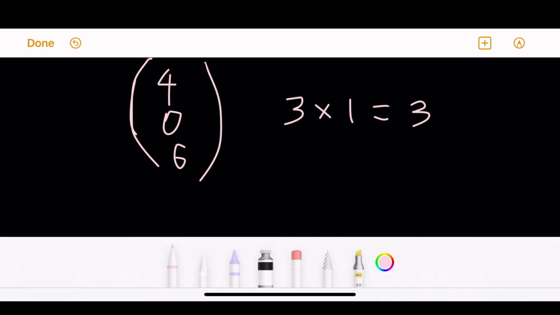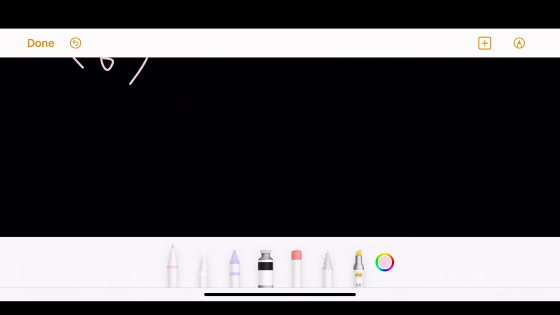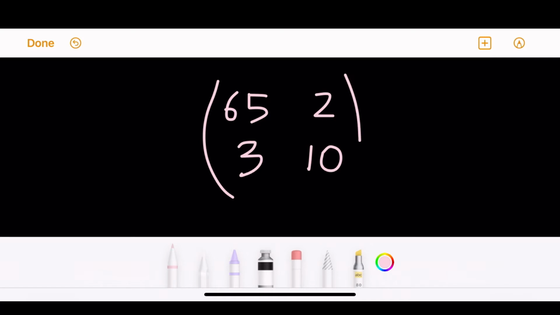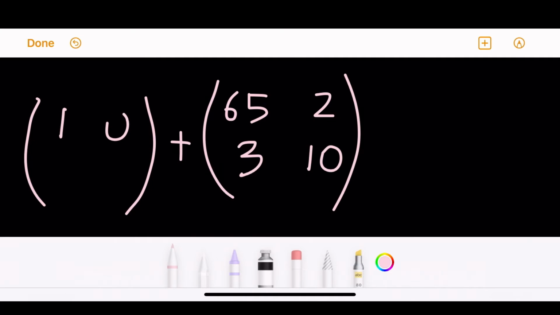Alright, with that in mind, we can go and look at some addition and subtraction of matrices. Addition and subtraction of matrices are very simple. We're going to start with this example: 65, 3, 2, 10, plus something nice and easy to add: 1, 0, 4, 2. If I want to add these matrices, it's very simple.